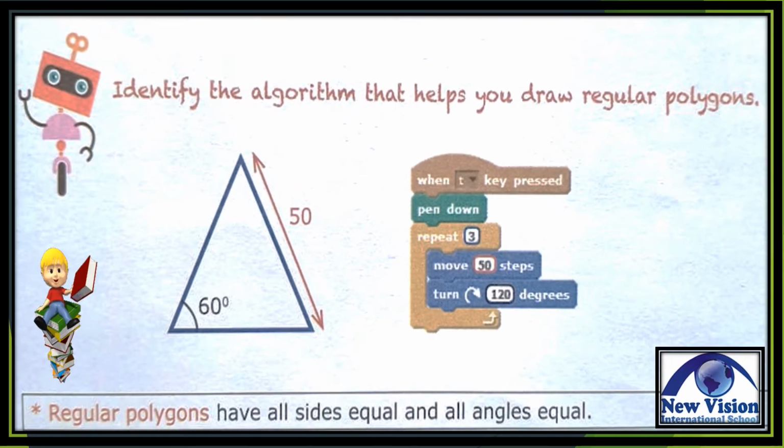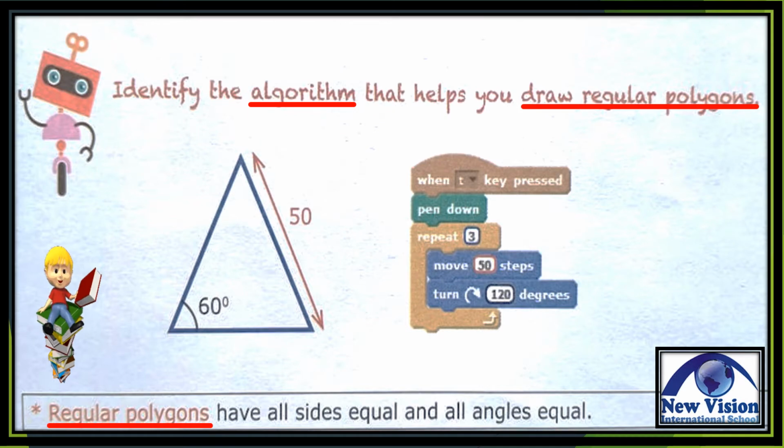Let us now identify the algorithm that helps us to draw regular polygons. Always remember, when you say regular polygons, these are figures that have equal sides and equal angles. From the given, we have a triangle, and we also have the given blocks of scripts that show us how we obtain this figure.